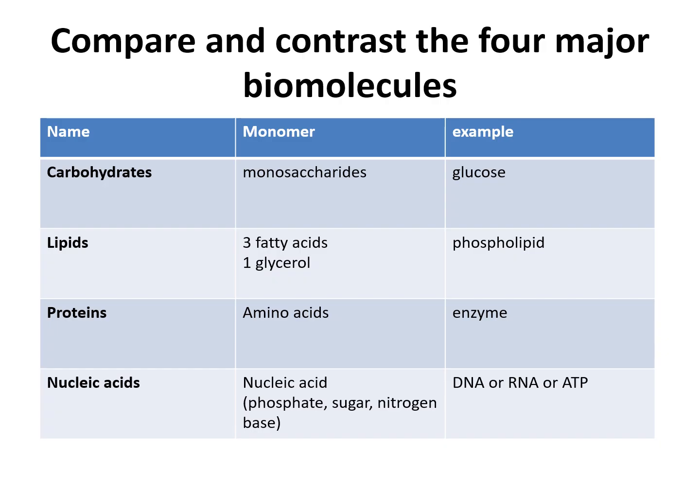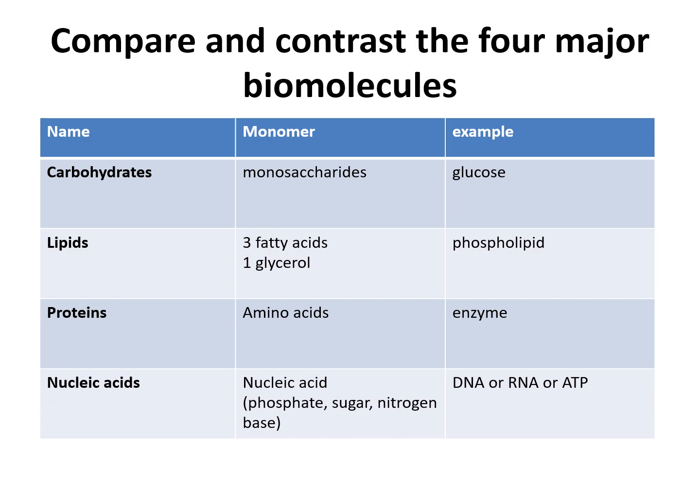Proteins are built from 60 different amino acids. An example of a protein is an enzyme. Nucleic acids are built up of nucleotides. I should have put nucleotides here, so that's a mistake. Nucleotides have 3 parts to them: a phosphate, a sugar, and a nitrogen base. If you're DNA, you have deoxyribose as your sugar.